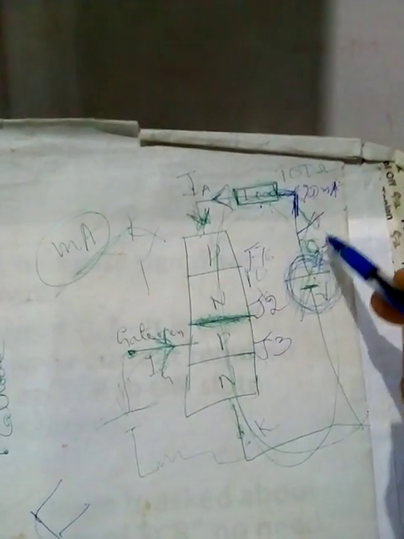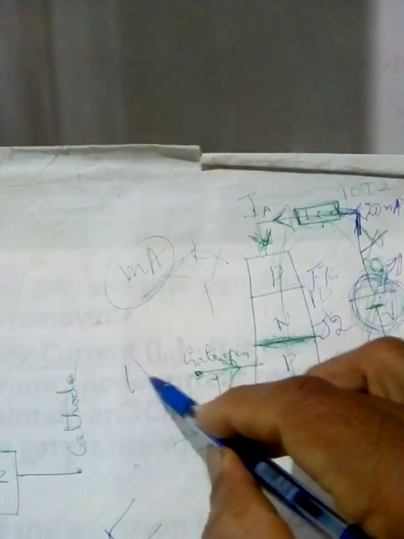So you may decrease this value if this is a variable power supply. When you decrease this value beyond, say, some 15 milliamperes, the SCR will go to the off state. It cannot maintain a very low value of current. So this 20 milliamperes of anode current, or the main current, is called the holding current.